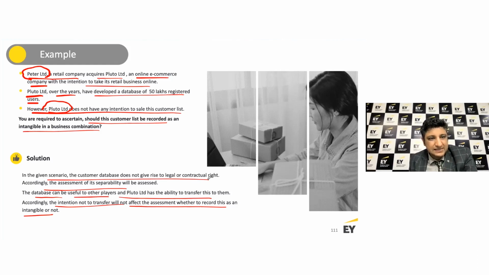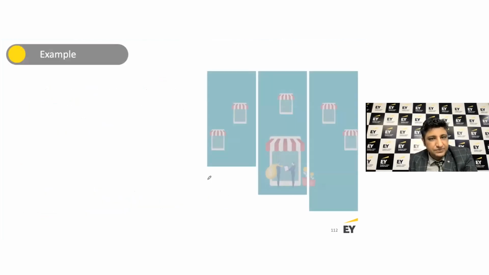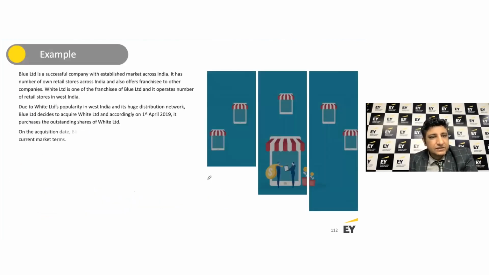So in these cases, you would normally see some value assignable unless the list is redundant, or it talks about some details which are not relevant in today's time or at the time of acquisition. In those cases, the value may not be measurable. So identifiability is one aspect, but the measurement aspect is also critical to observe.